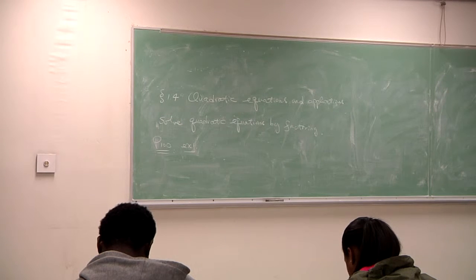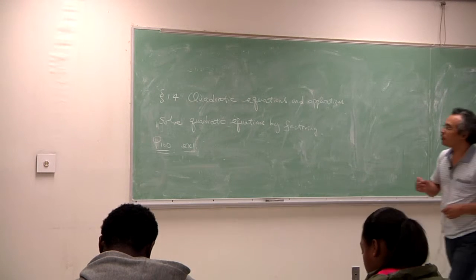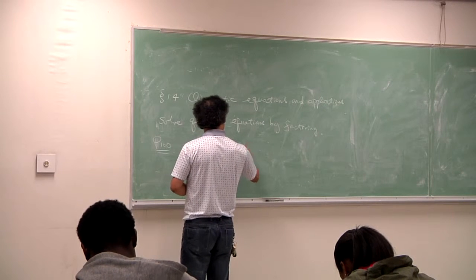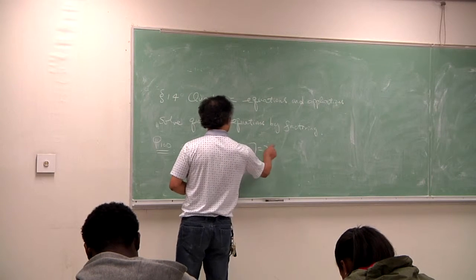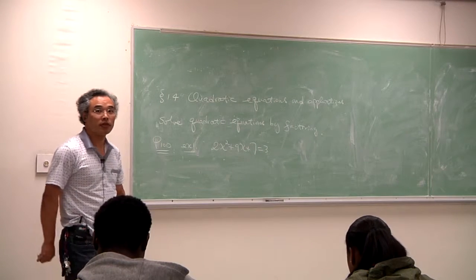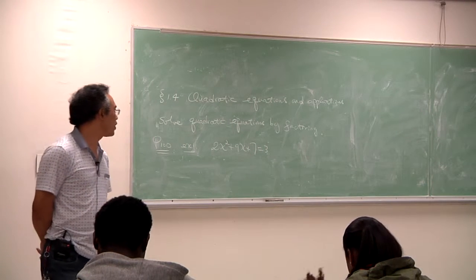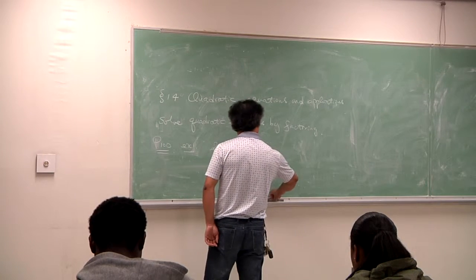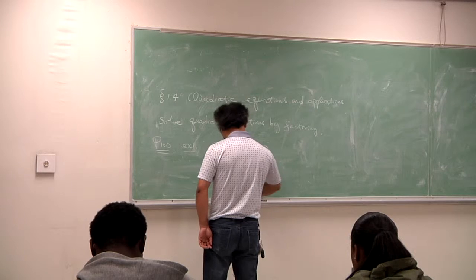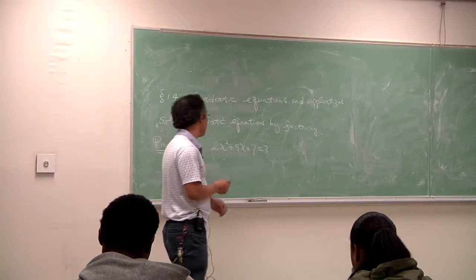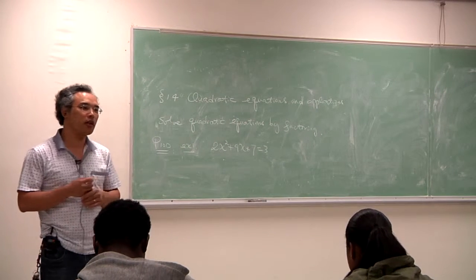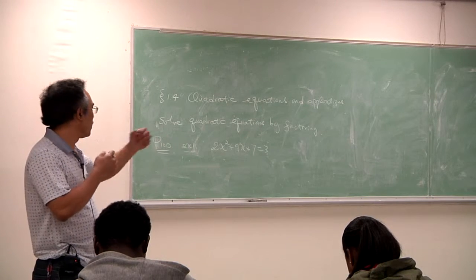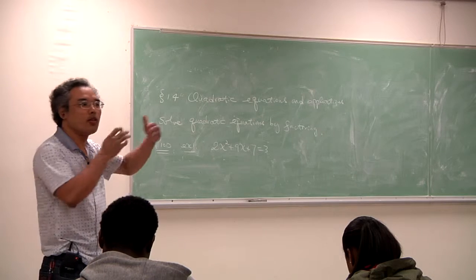When you solve the equation 2x squared plus 9x plus 7 equals 3, this is the equation we need to solve, and we're going to do it by factoring. We discussed how to factor polynomials before.